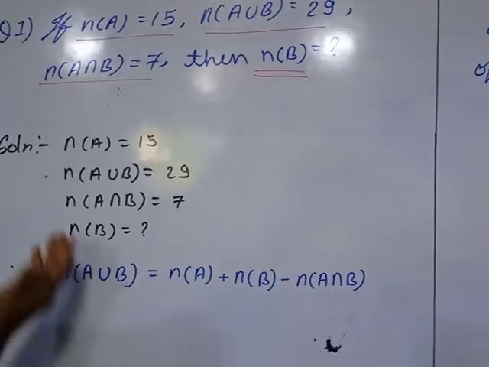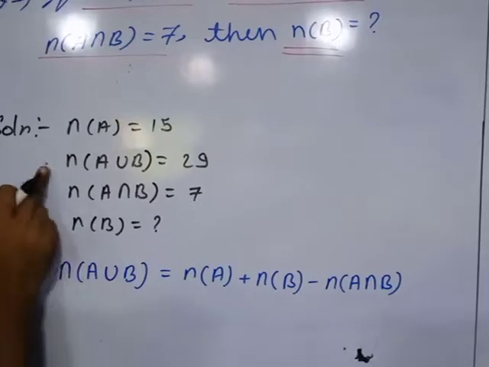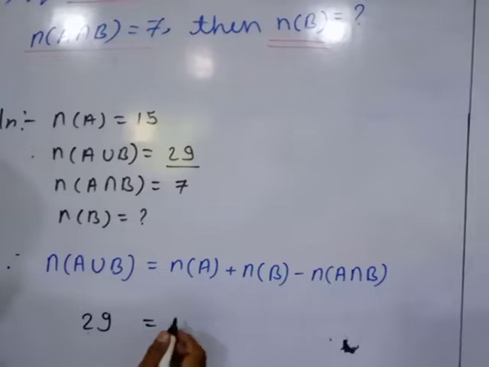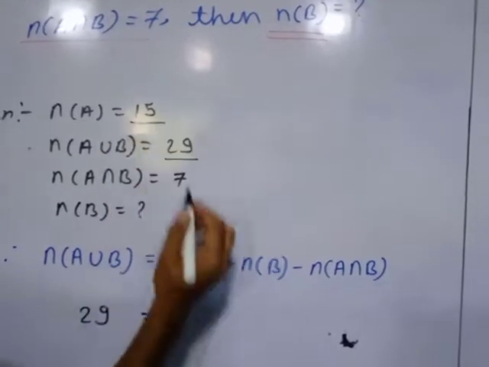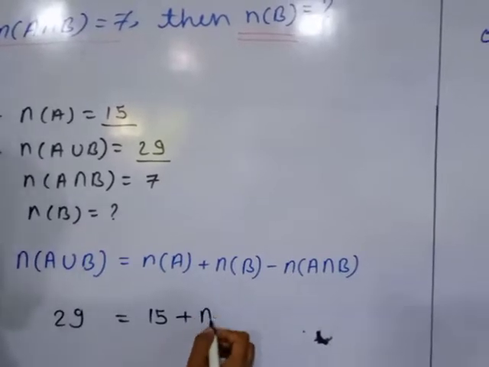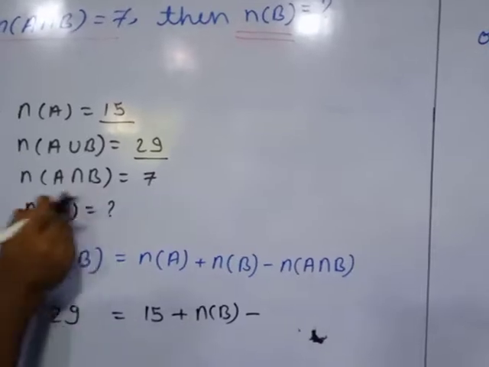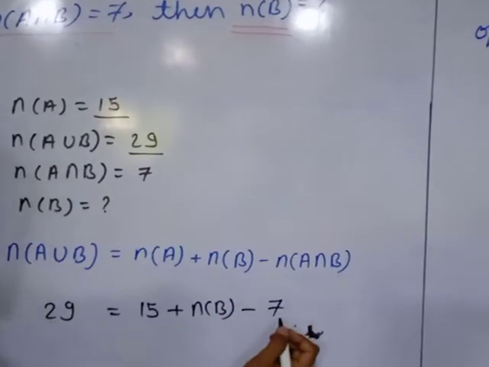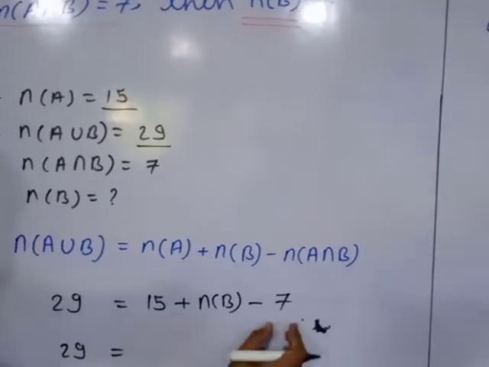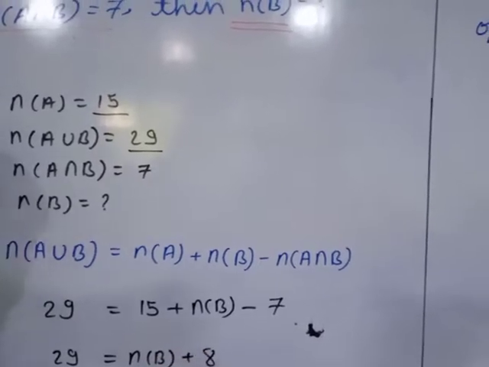Because of that, just put in all the values we have. We have n(A union B), here we have 29. So 29 is equal to n(A), we have 15, write 15, plus n(B), we don't have it, so n(B) as it is, minus n(A intersection B) 7. So 29 is equal to 15 minus 7, plus n(B), which is 8 plus n(B).